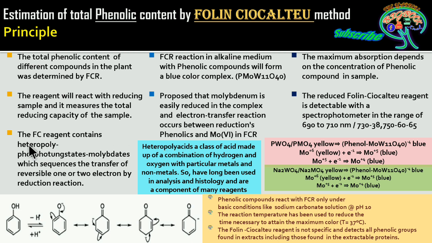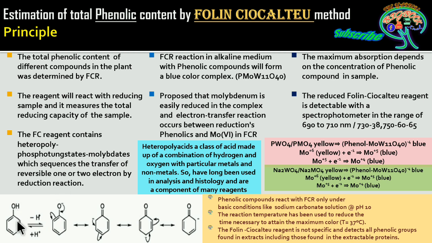In this there will be the FCR also, Folin-Ciocalteu reagent. Because of this nature of the FCR, that is the heteropoly-phosphotungstate molybdates formation, there is a sequence of transfer of reversible 1 or 2 electrons by reduction reaction between the reducing component and the FCR.